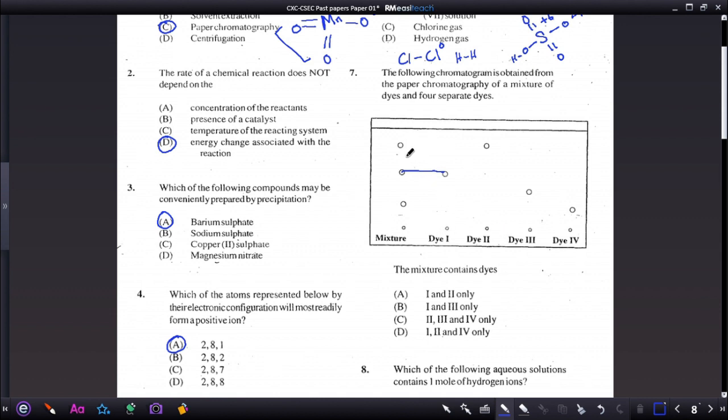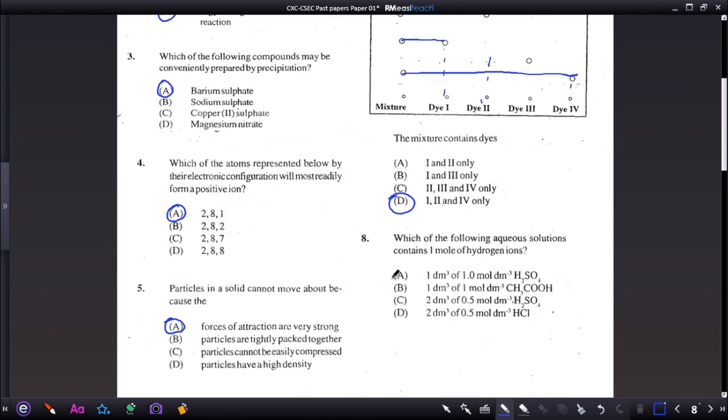For dye 2, again, very similar peak. For dye 3, nothing corresponds with dye 3. For dye 4, almost at the same distance. So the answer would be 1, 2 and 4, so it's D.